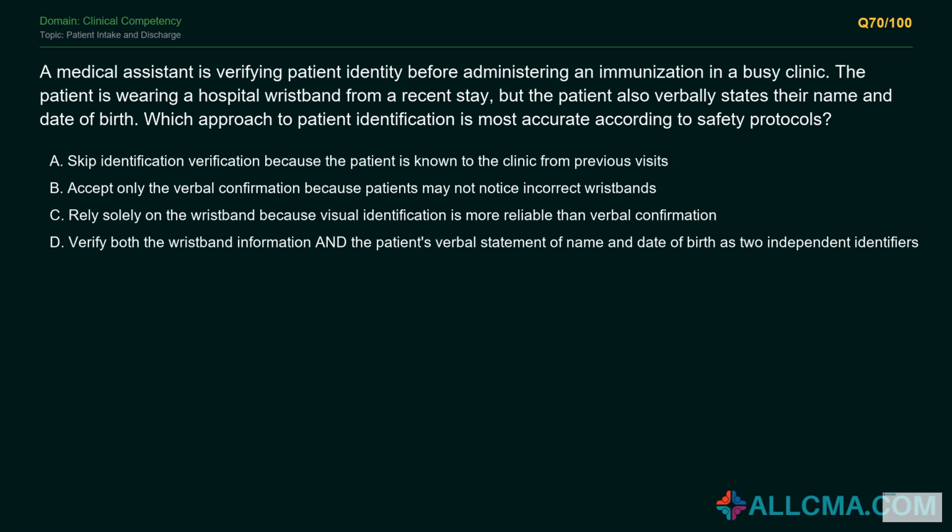Option B, accept only the verbal confirmation because patients may not notice incorrect wristbands. Option C, rely solely on the wristband because visual identification is more reliable than verbal confirmation. Option D, verify both the wristband information and the patient's verbal statement of name and date of birth as two independent identifiers.